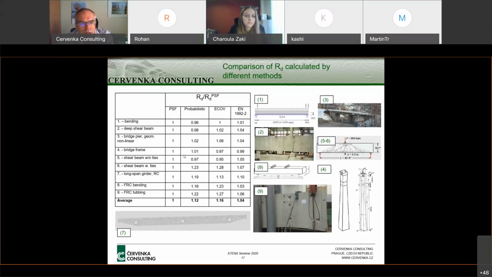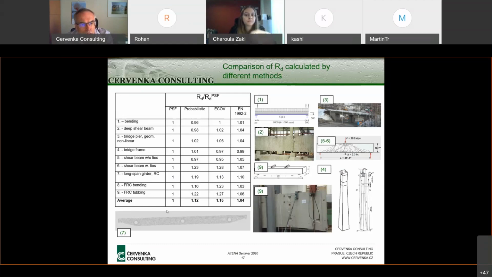We start to see a little bit more difference for some more advanced, deeper shear beams, which is, for instance, case 3, where we can see that the probabilistic and ECOV methods give higher strength. And this, of course, can be explained by the fact that the probabilistic analysis is a more advanced type of analysis, so it provides more accurate results.